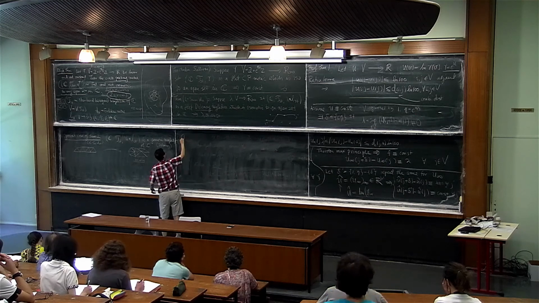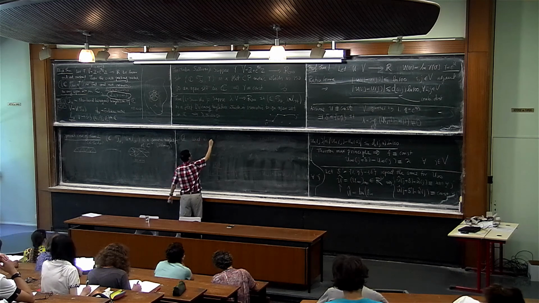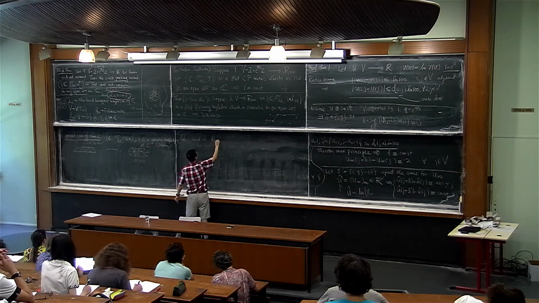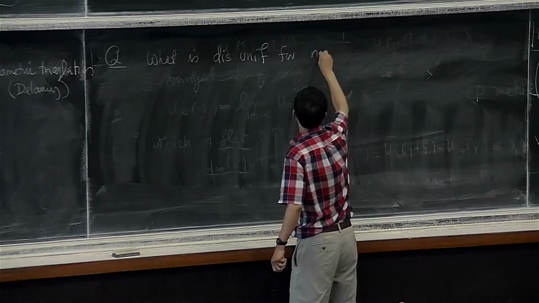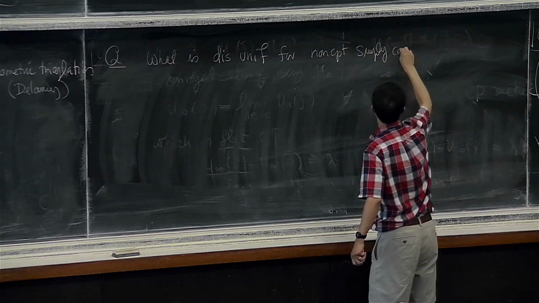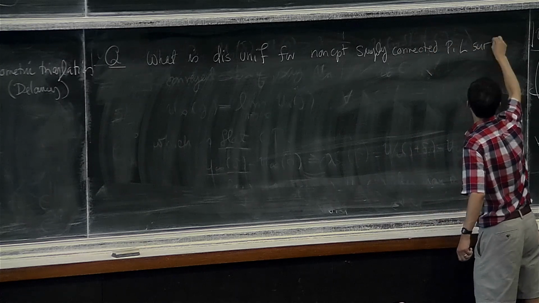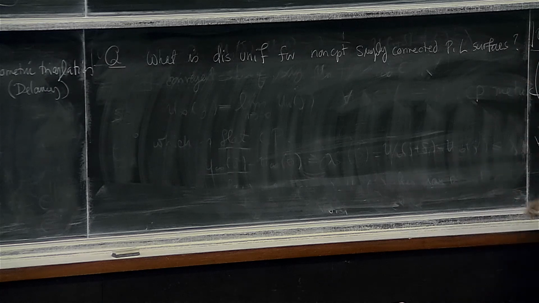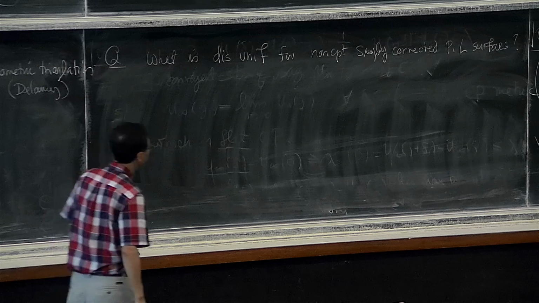So here is a question: what is the discrete uniformization for non-compact simply connected polyhedral surfaces?